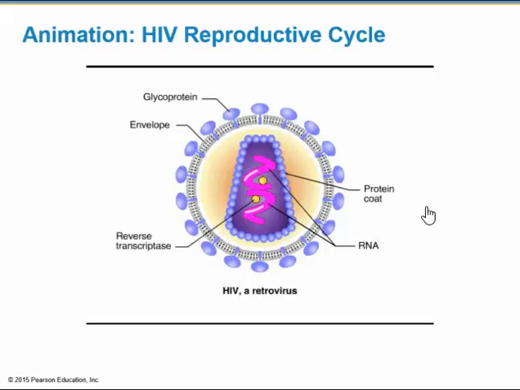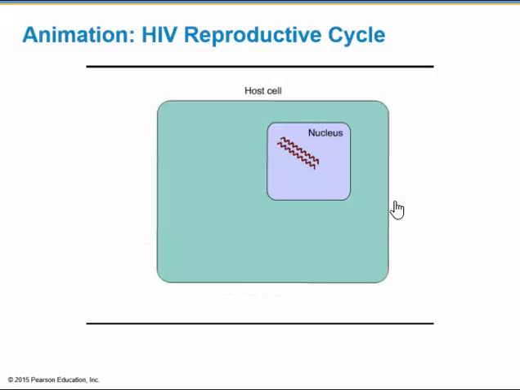retroviruses. The RNA molecules of HIV enter a host cell when the virus fuses with the plasma membrane and the coat proteins are removed by enzymes. Reverse transcriptase catalyzes the synthesis of a DNA strand complementary to the viral RNA strand, and then a second DNA strand complementary to the first. The double-stranded DNA is incorporated as a provirus into the host cell's chromosomal DNA, where it may lie dormant for years.